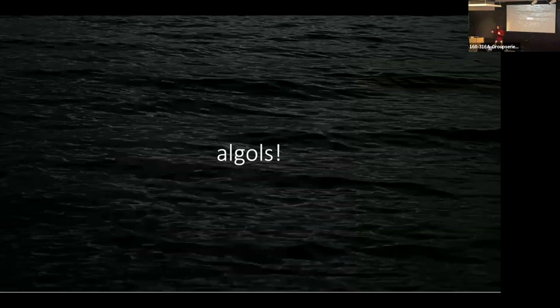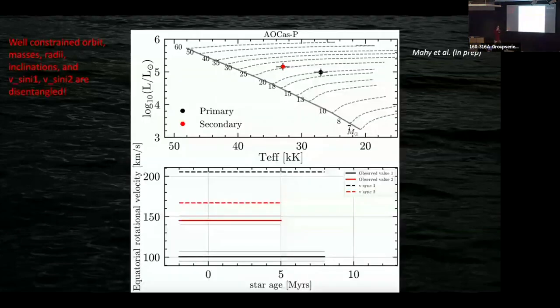Okay, that was about more or less single stars, and now we know that binaries are extremely powerful projects. It is really nice to study them because of the well-constrained orbit: we know actual masses and inclination. Moreover, if we're able to disentangle the v sin i of both components, it's also perfect.